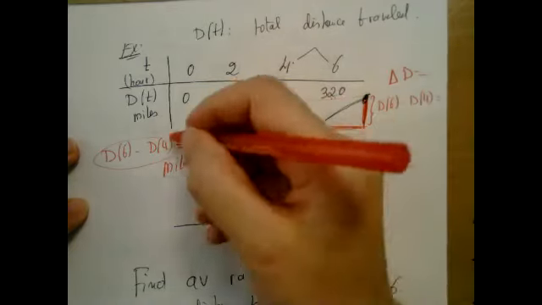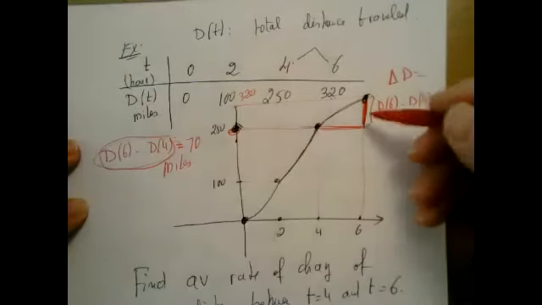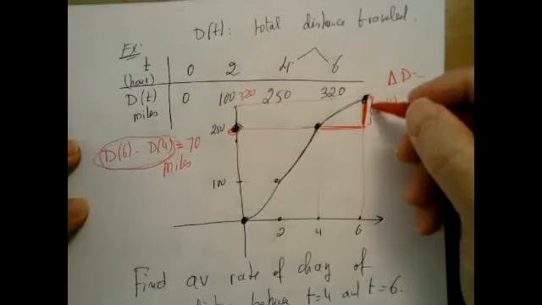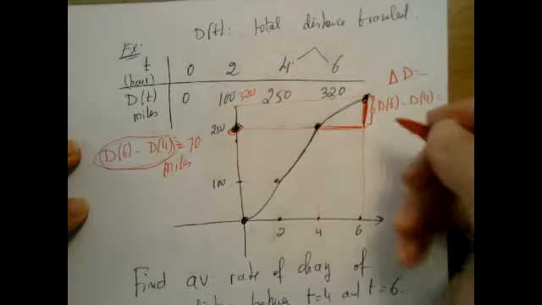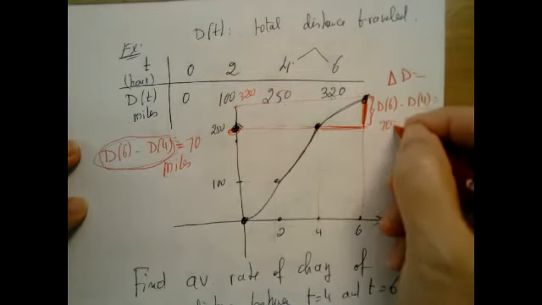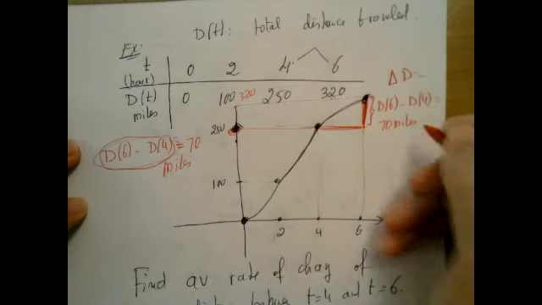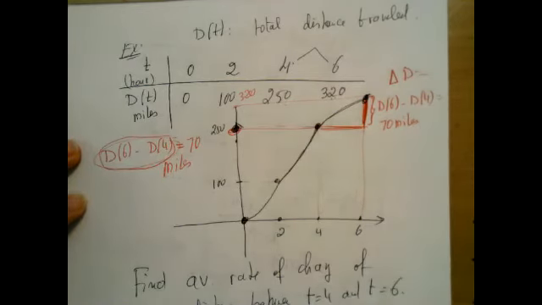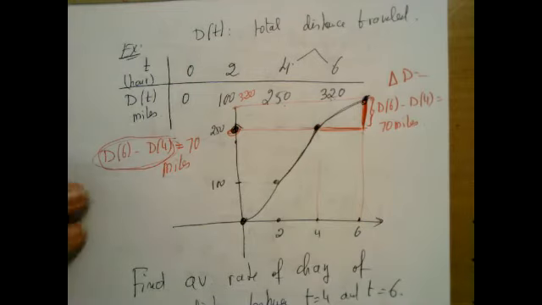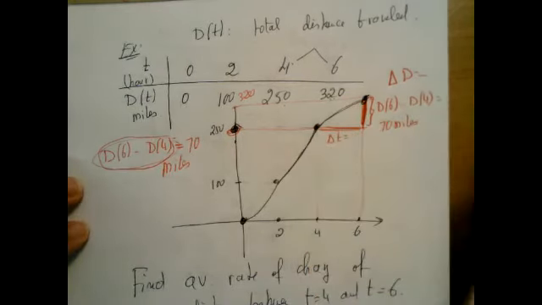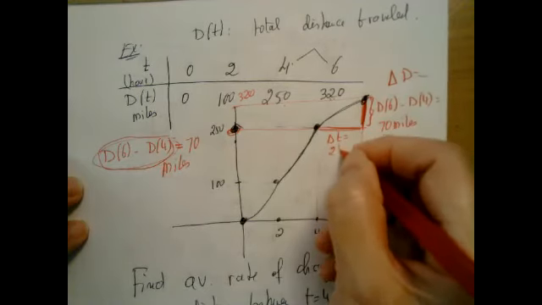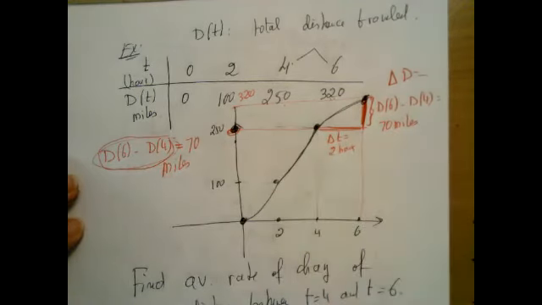So when I compute this change in distance, this tells me how much the person traveled between 4 and 6. So the unit here is 70 miles. That's the change in the distance, my numerator. Now the change in t is how much time it changed, 2 hours.